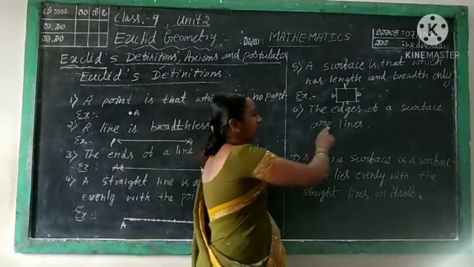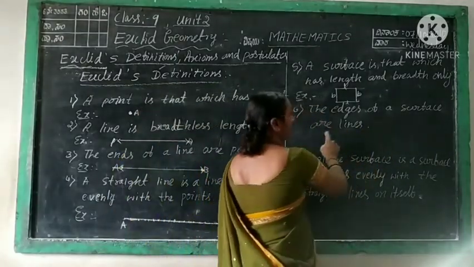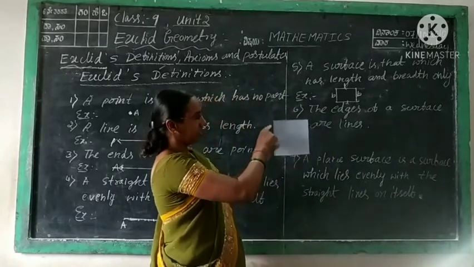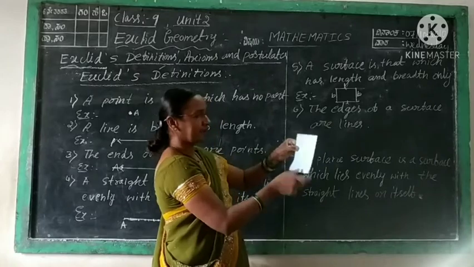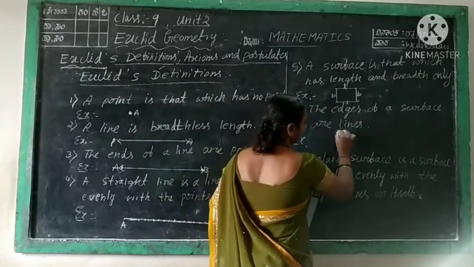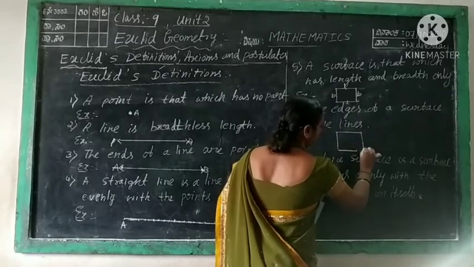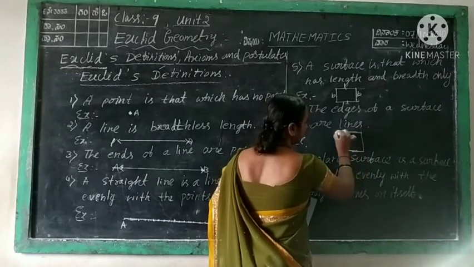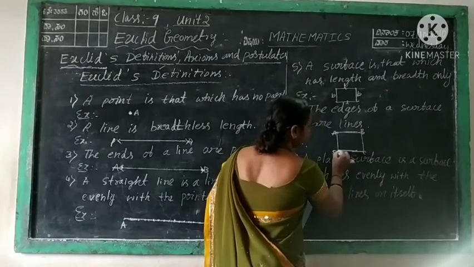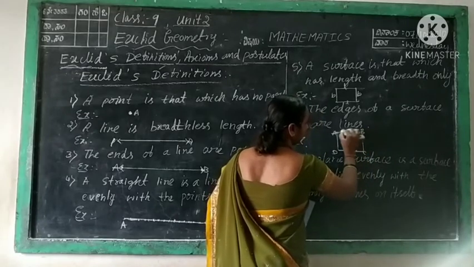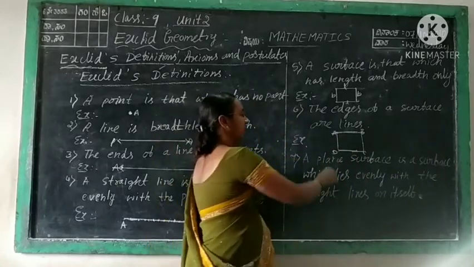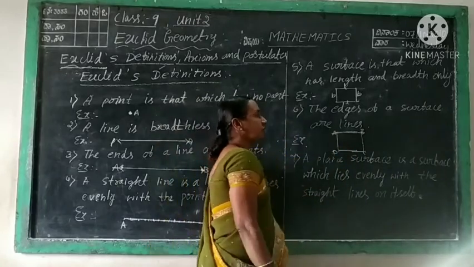Then the edges of a surface are lines. In the square, AB is one edge, BC is another, CD is the third side, and DA is the fourth side.